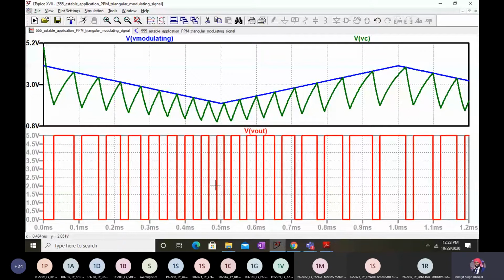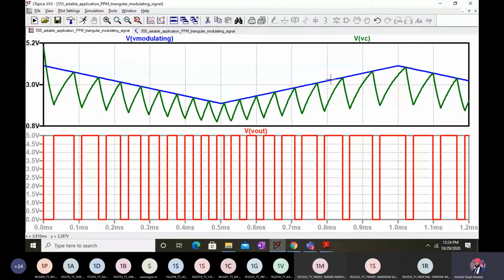Just a unique observation. Can I say that the capacitor voltage, the maximum value it can reach, is following the amplitude of the modulating signal? Yes or no?